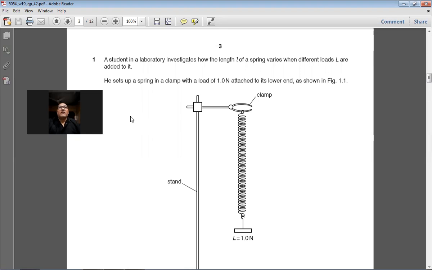A student in a laboratory investigates how the length l of a spring varies when different loads, capital L, are added to it. He sets up a spring in a clamp with a load of 1 Newton attached to its lower end as shown in figure 1.1.